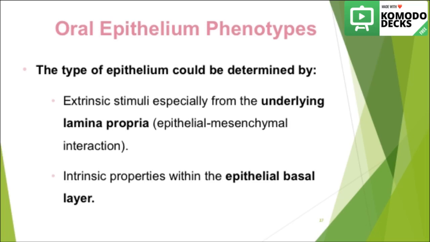The phenotype of the epithelium could be determined by either the underlying lamina propria, which is an extrinsic stimuli, or rather by the epithelial basal layer, which has some innate properties.